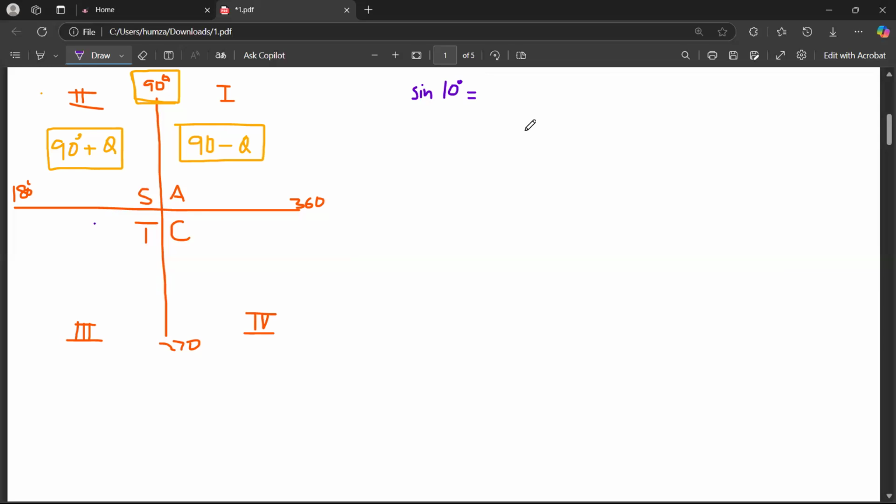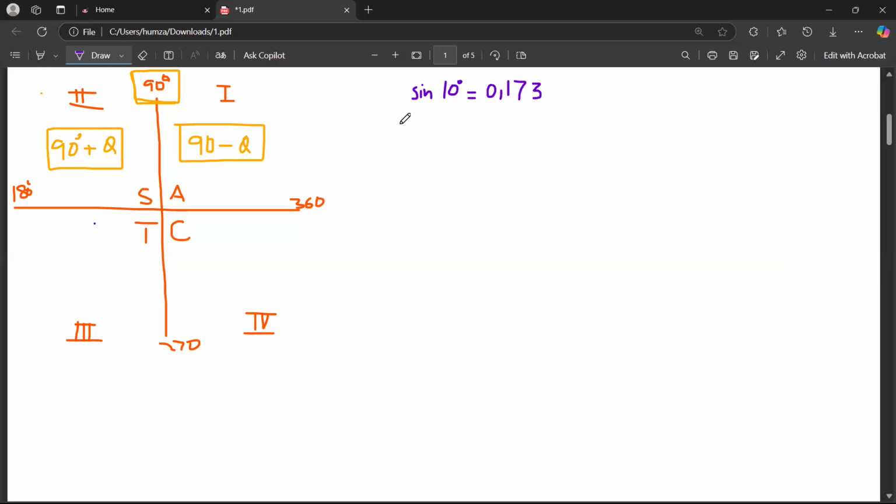Use your calculator to find the sine 10 value. This will give you 0,173.